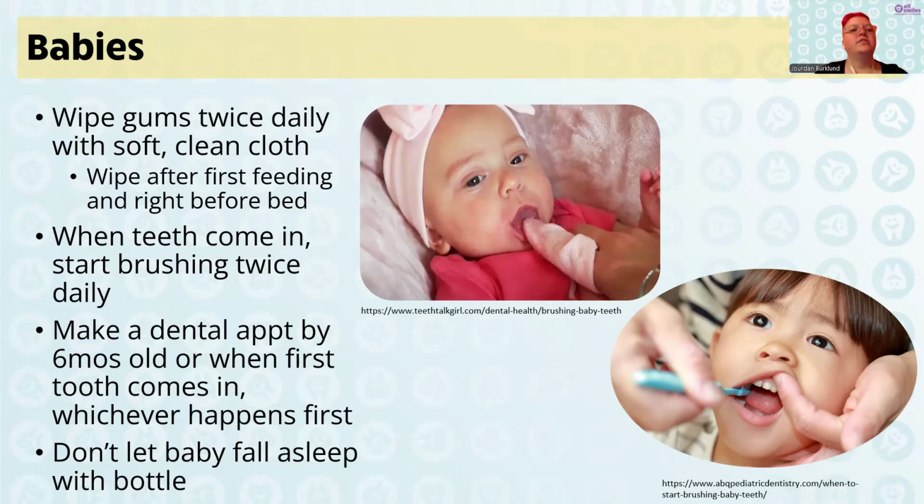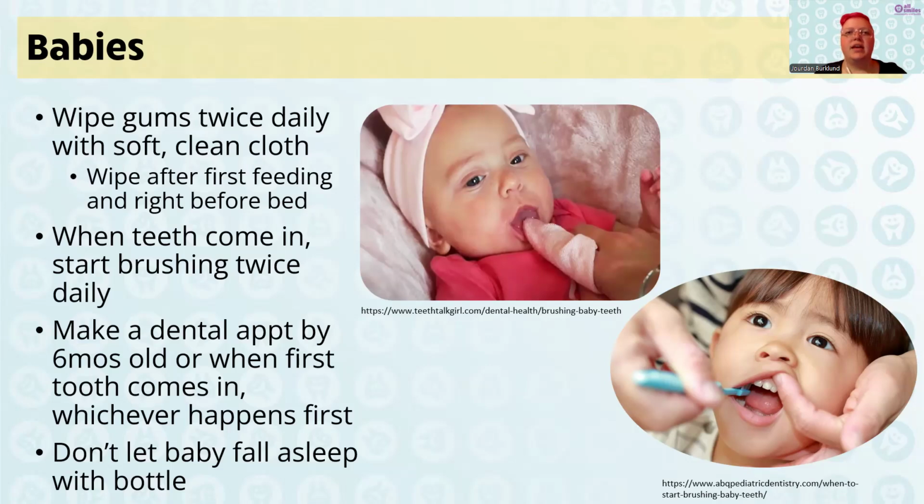Another question that we get is, when do kids go in for their first appointment? It's usually around when the kid is 6 months old or when their first tooth comes in, whichever happens first. That's ideally when kids should be seen by the dentist, because we want to get the kids used to the dental office before there's an issue that arises.